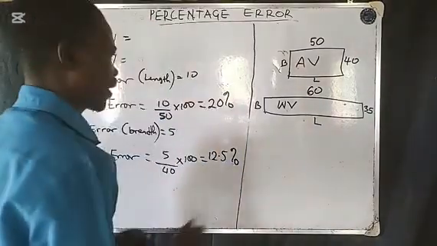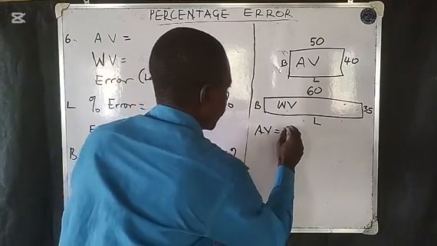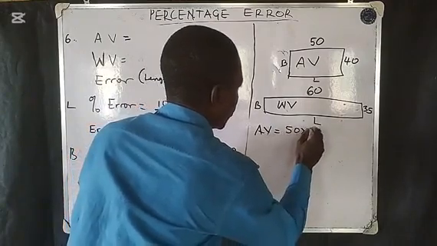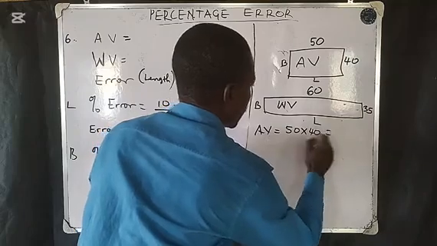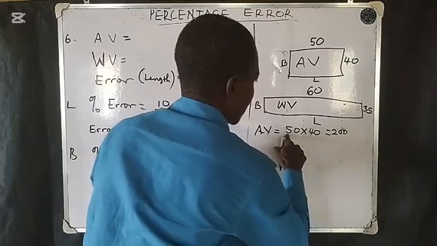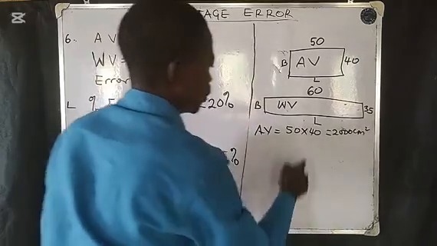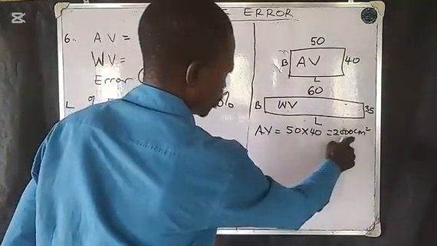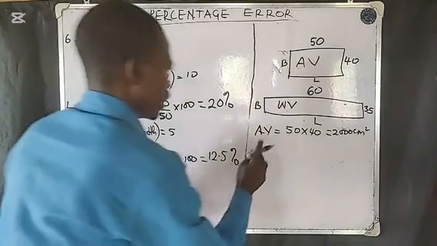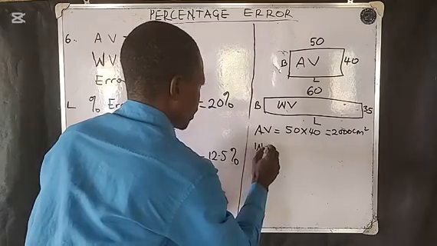To find the area of the right, actual value area will be 50 times 40, and that would be 2,000 centimeter squared. 4 times 5, that's 20. So it's 2,000, right?